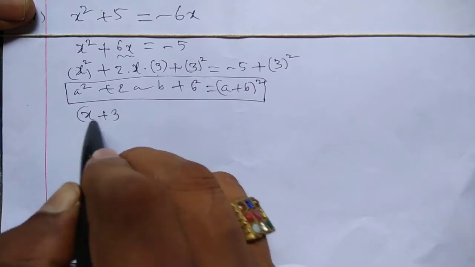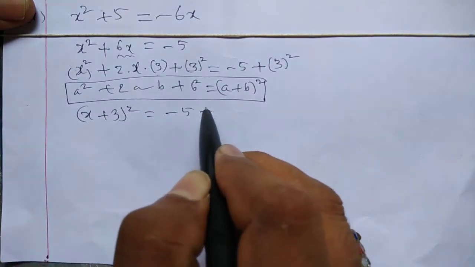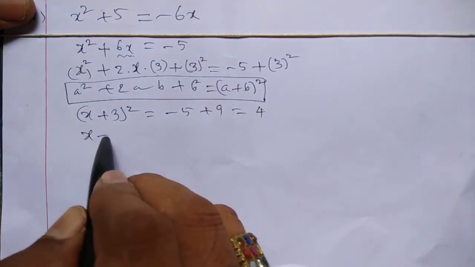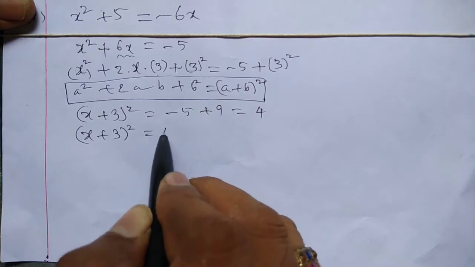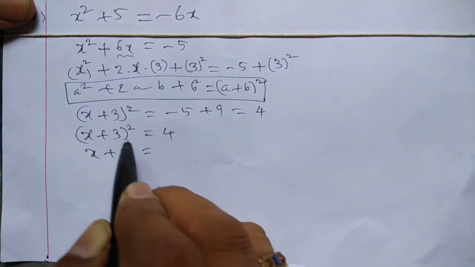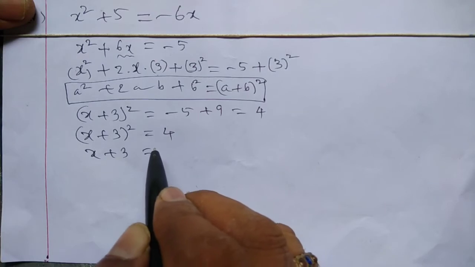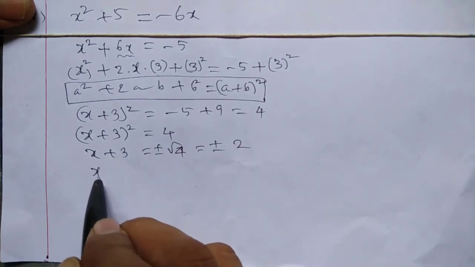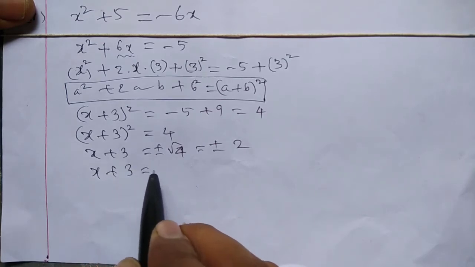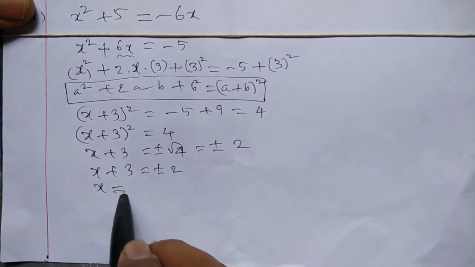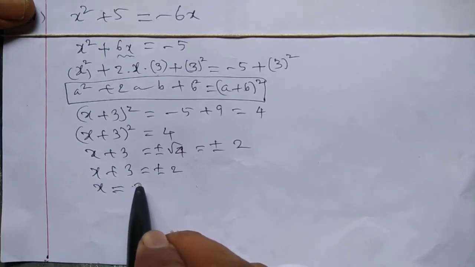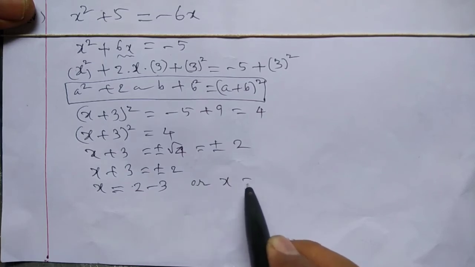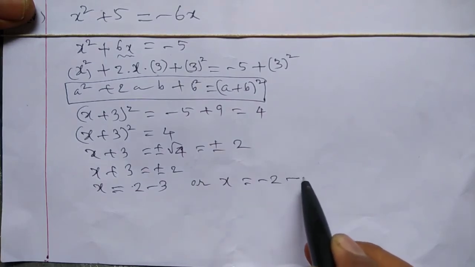x plus 3 whole square is equal to minus 5 plus 9, that is equal to 4. x plus 3 whole square is equal to 4, x plus 3 is equal to, square becomes square root, plus or minus square root of 4, that is equal to plus or minus 2. x plus 3 is equal to plus or minus 2, x is equal to, one time plus 2 minus 3, or x is equal to minus 2 minus 3.